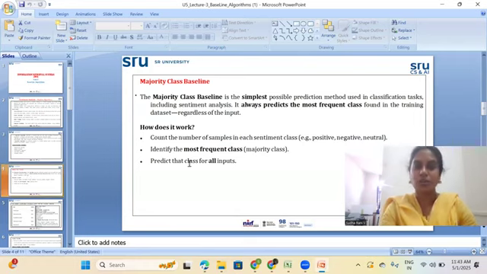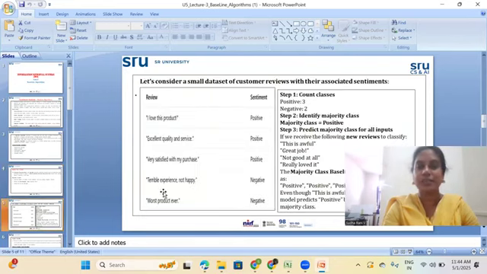It counts the number of samples in each sentiment class, identifies the most frequent class, and predicts that class for all inputs. Whatever example we take, it suits this majority class baseline algorithm.